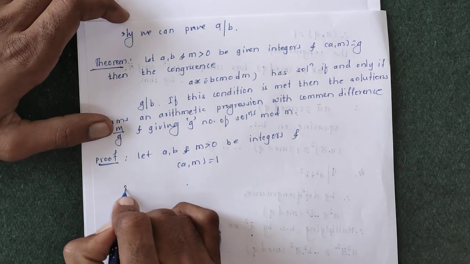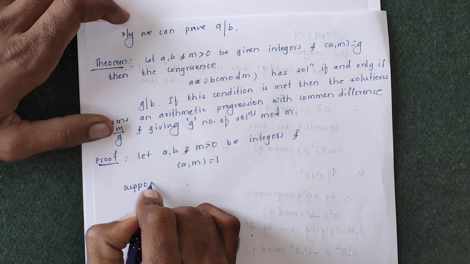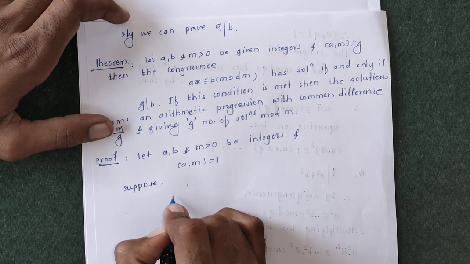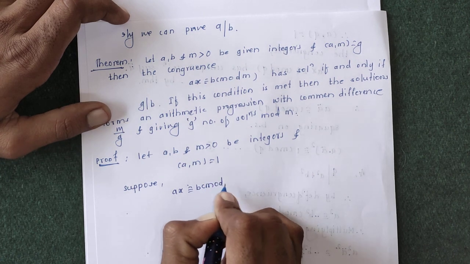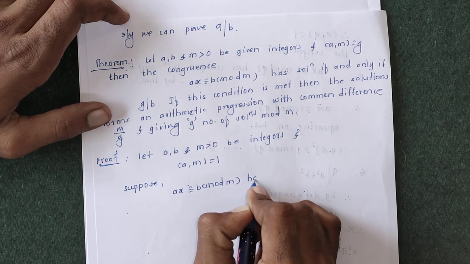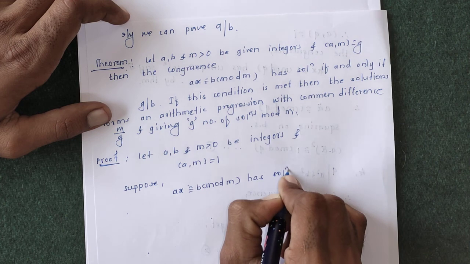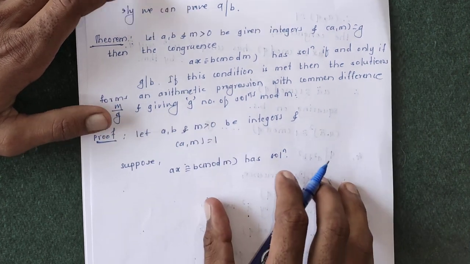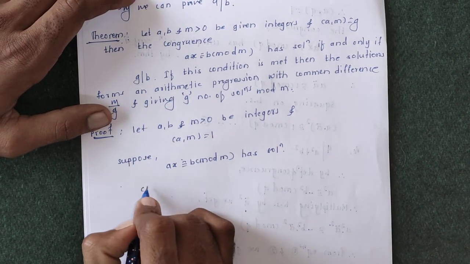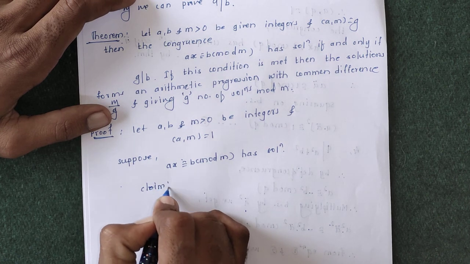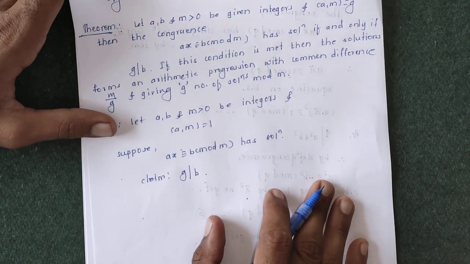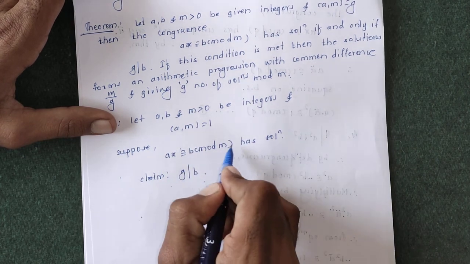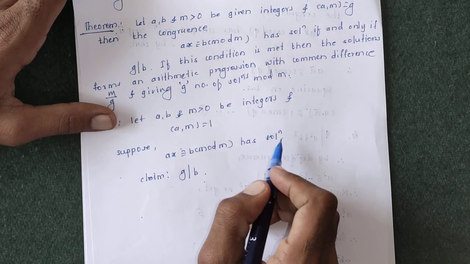Now suppose the congruence ax is congruent to b mod m has a solution, and our claim is g divides b. As this congruence has a solution, suppose that solution is x naught.